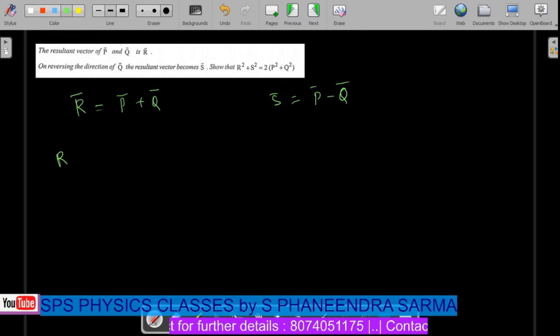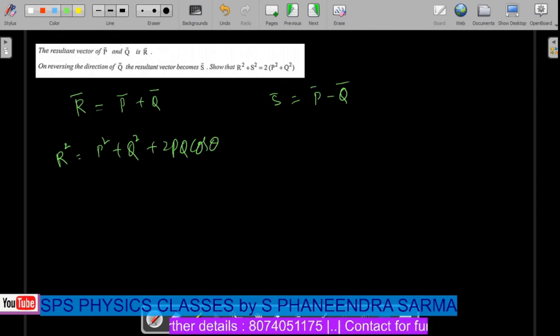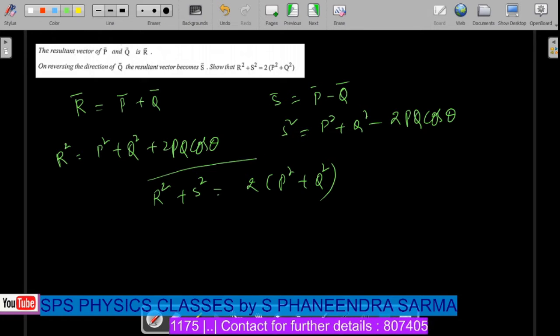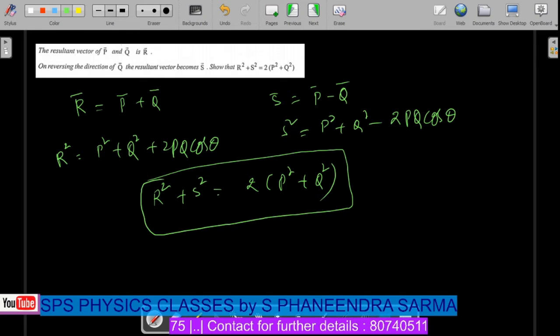That means r square is equal to p square plus q square plus 2pq cos theta, and s square is equal to p square plus q square minus 2pq cos theta. Now let us add these two. Then r square plus s square is equal to 2 into p square plus q square. So we can understand from this particular question, it's a simple one.